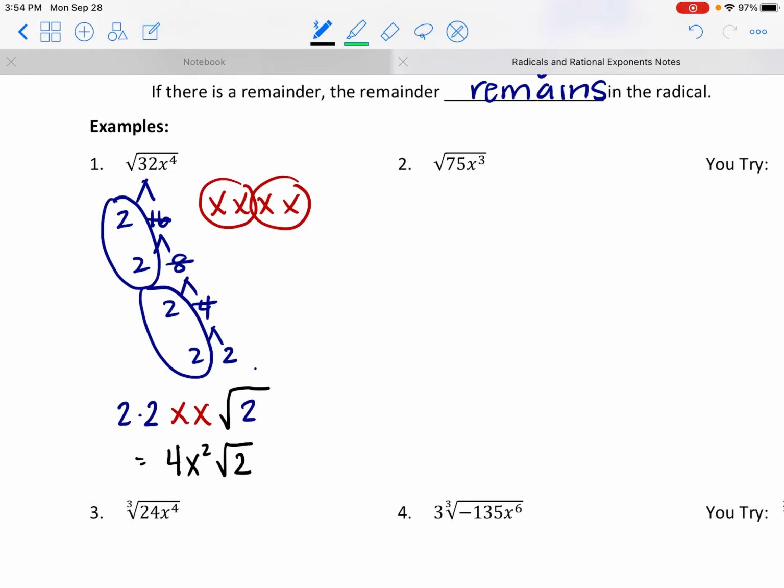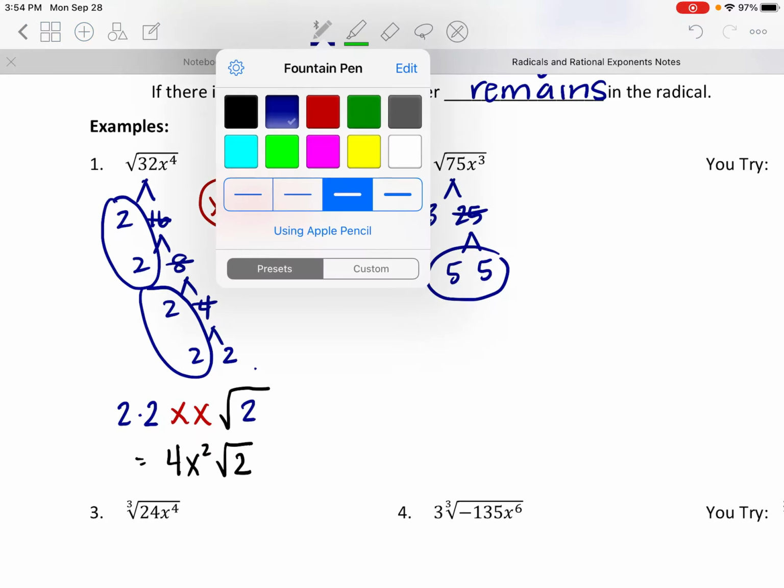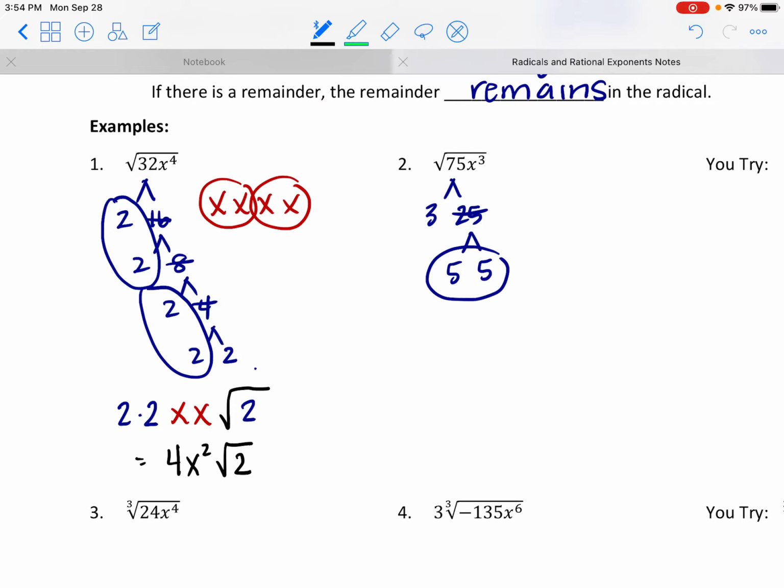Alright, let's try this again. So we're going to have a square root of 75. Does not divide by 2, it's not even, but 3 goes in 25 times. And then 25 we can break into 5 times 5, so there's my pair there. So I'm going to have my square root.